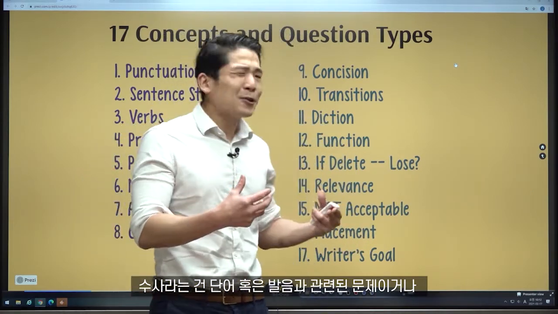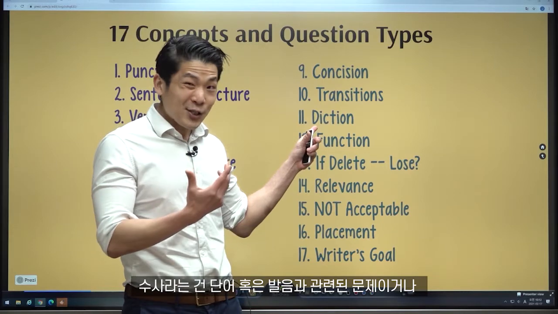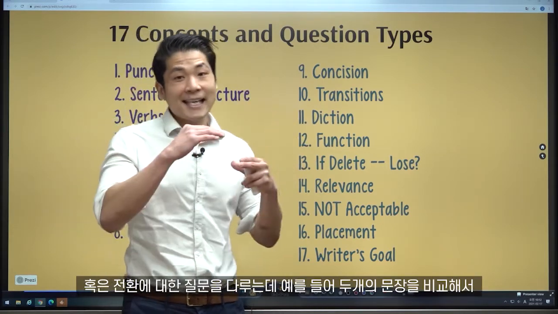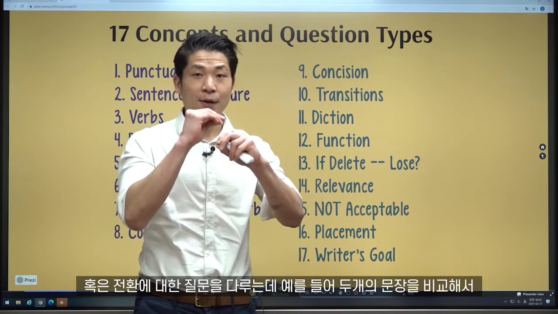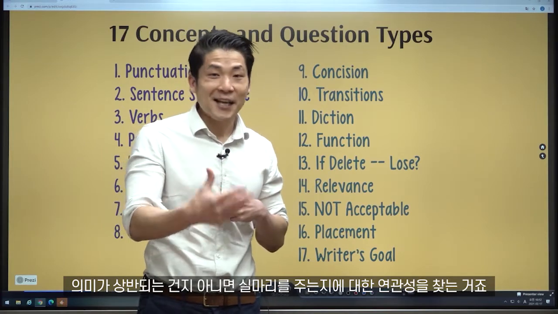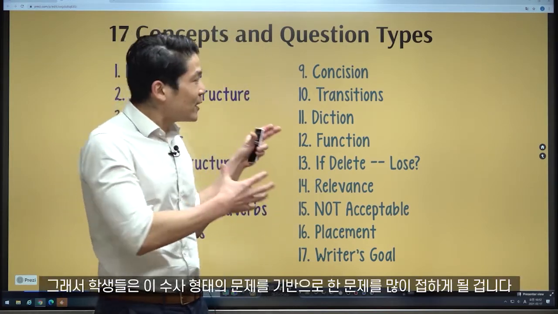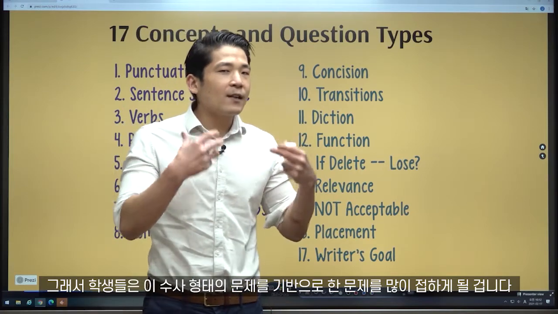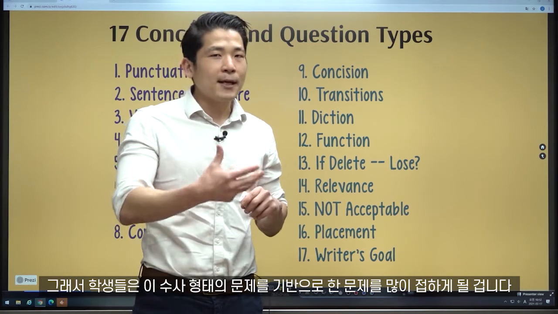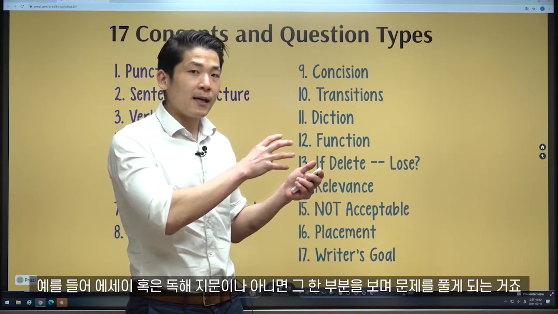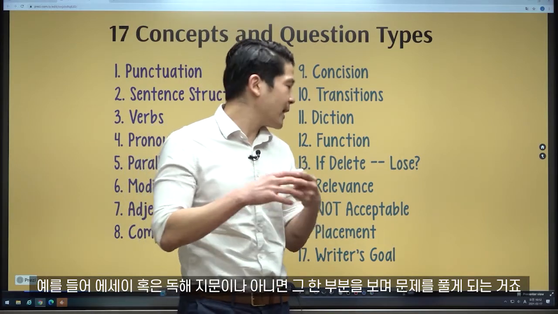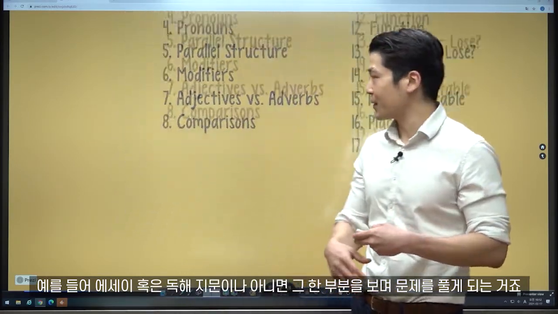Rhetoric can include a lot of vocabulary questions, like diction questions, as well as transition questions, to see how two sentences relate to each other, whether they contrast, whether the second gives an example of the first, etc. Also included in rhetoric, you'll have a lot of reading comprehension style questions that ask you about the topic of the essay or a part of the essay that you'll be reading. Okay, so we'll be covering all of those in the foundational class.